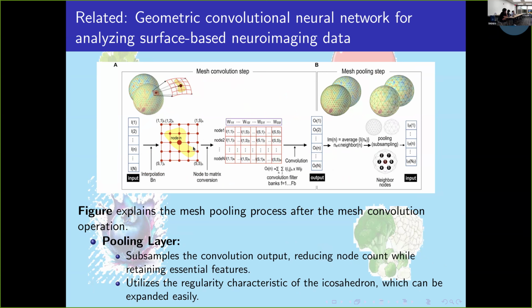So the interesting thing, in some sense, is that the pooling in convolutional neural networks reduces dimensionality.